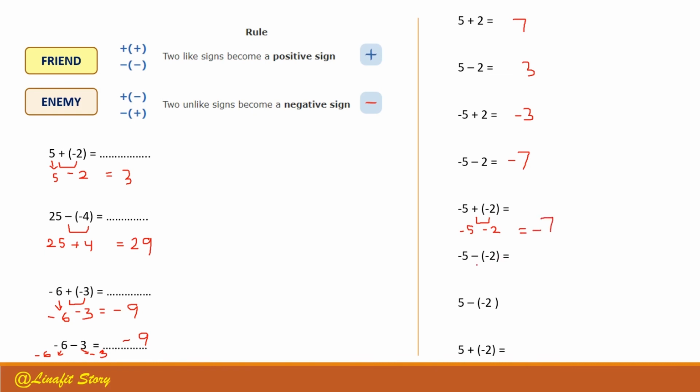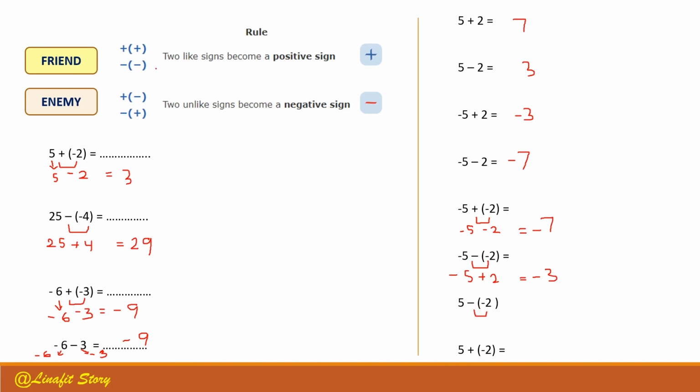Negative 5 minus negative 2. You meet your friend. Why? Because the same sign. So this becomes positive 2. Negative 5 plus 2 equals negative 3. 5 minus negative 2. You meet your friend.